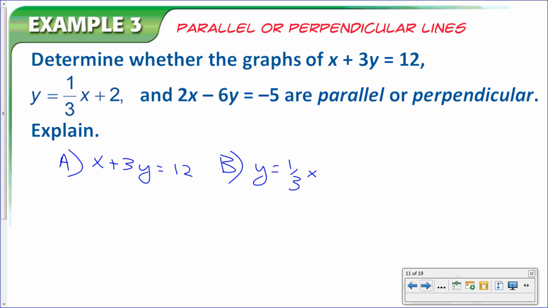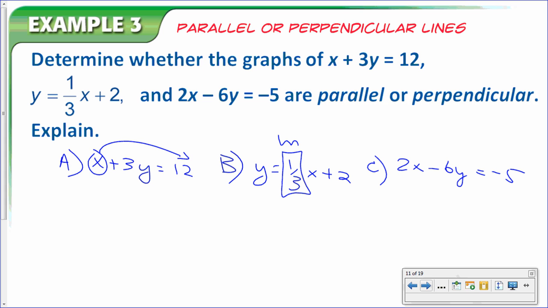Do I have to do anything to the second equation? No, it's already in the form I need it, right? What's the slope? 1/3, right? And then equation C, which would be 2x minus 6y equals -5. So now I have to change these. Where do I move things to get slope intercept?